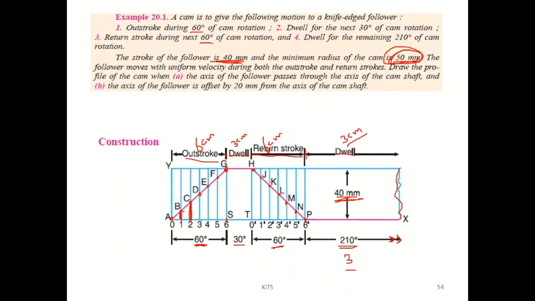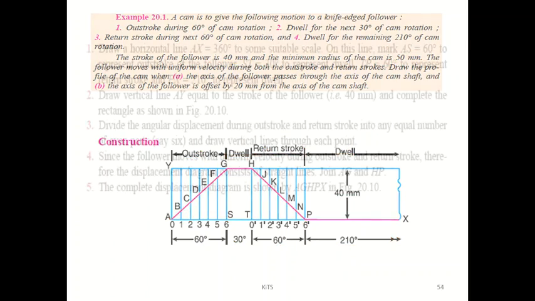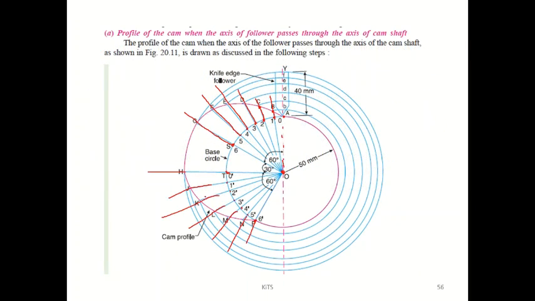Now 3 to D, measure this distance. Suppose if it is 1.4 centimeter, I am just assuming, then mark the distance. 3 to D, here you have to mark that distance on this line.